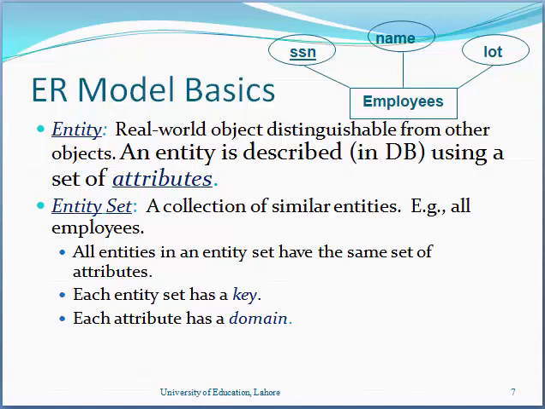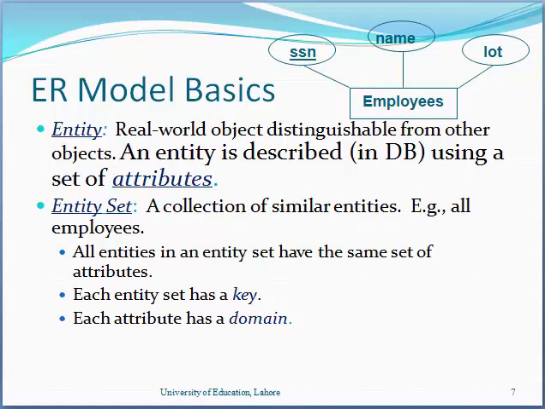So let's see what is an entity set. A collection of similar entities, like all employees, is called an entity set. The set of all entities of a particular entity type in the database at a given point of time is called an entity set. For example, an entity set student may consist of all students in the university.